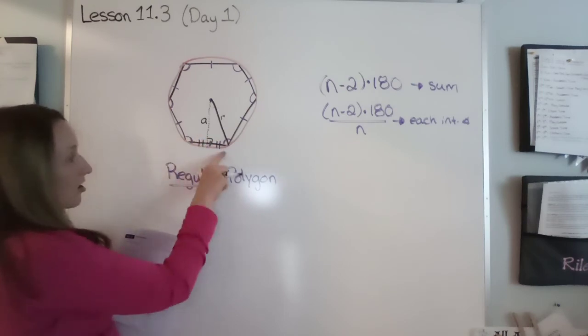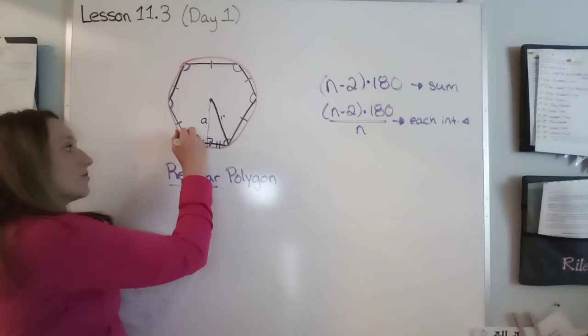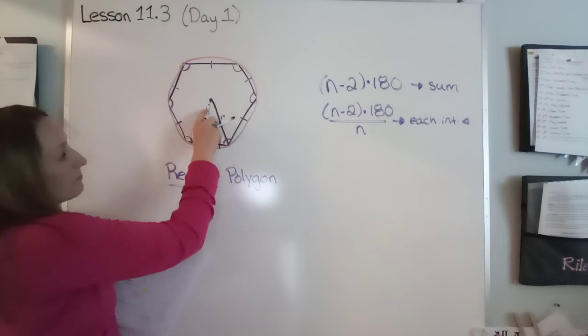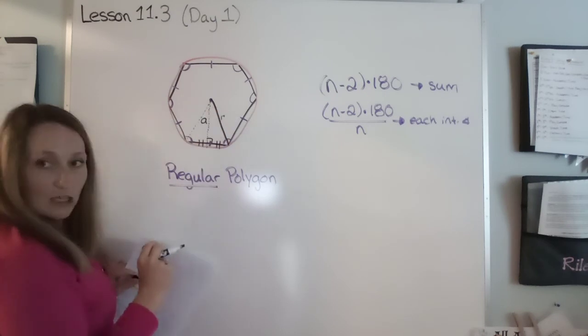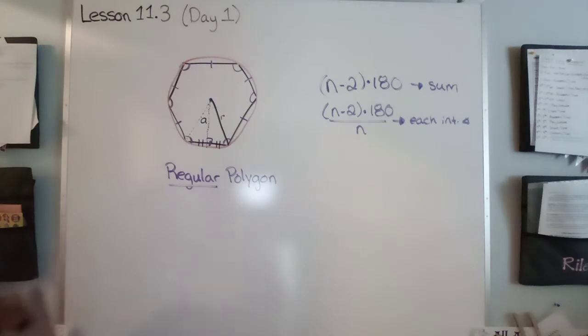It bisects the arc. One other thing it does, if I was to draw the other radius, the apothem bisects this vertex angle here. So whatever the measure of that angle is, I can divide by 2, and that's the measure of that angle and that angle. So those are all key pieces of information we're going to be using.